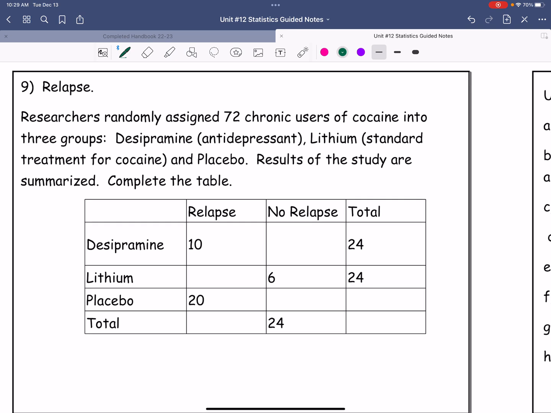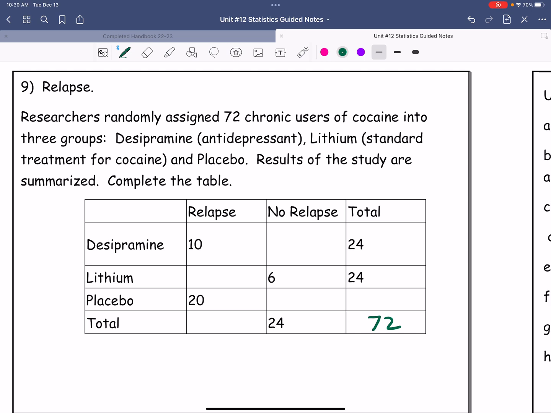Relapse. Researchers randomly assigned 72 chronic users of cocaine into 3 groups. We have antidepressant, standard treatment for cocaine, and a placebo. Results of the study are summarized. Complete the table.